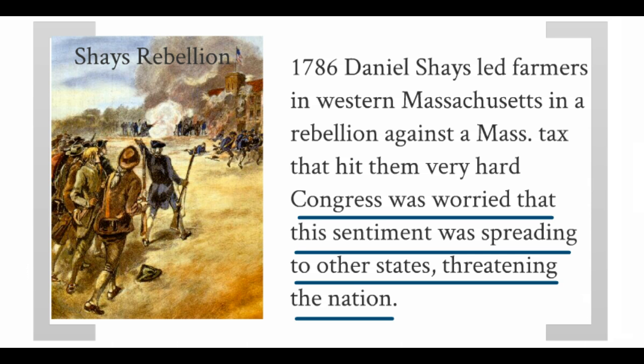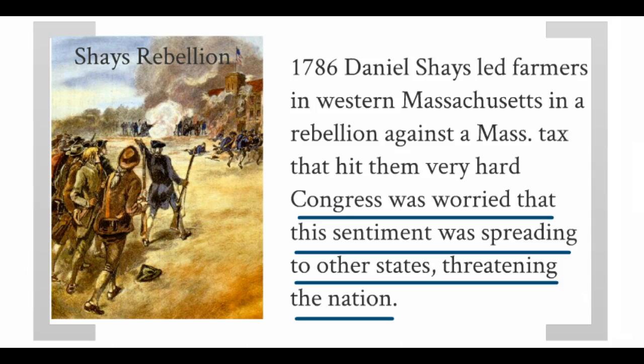Now, Congress was not in a position to do anything about this. Of course, this was a state problem, but everyone began to recognize all of the states were in a difficult situation, and any state could have passed a tax that hit a specific group of people, and what would stop those people from rebelling in that state.